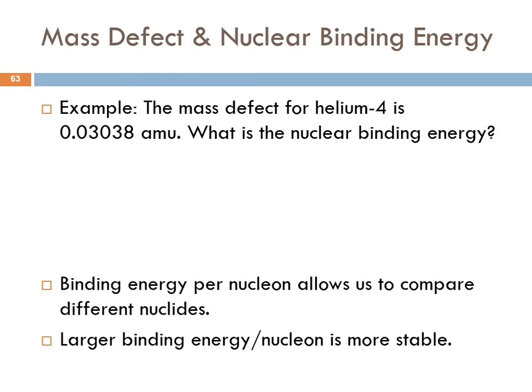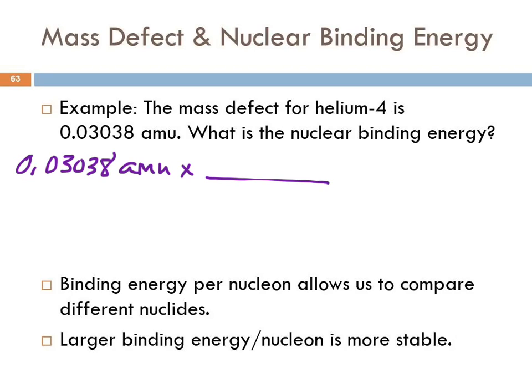So what is the mass defect for helium-4? It's 0.03038 atomic mass units. So what does that make the nuclear binding energy? Well, we can do this then just using dimensional analysis. So 0.03038 AMUs.